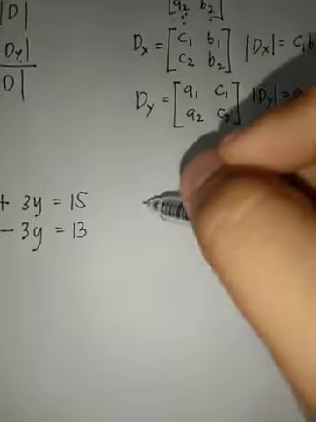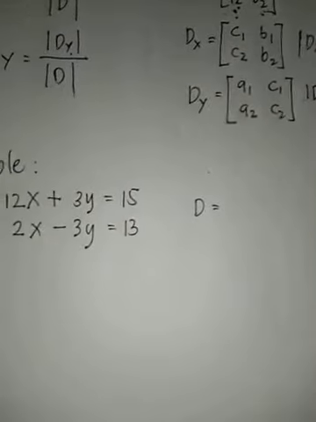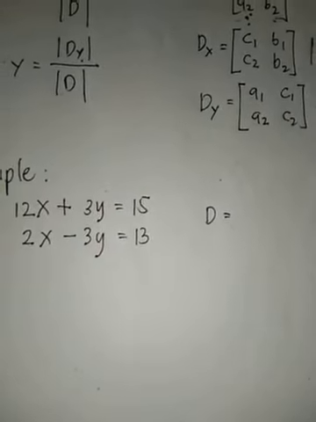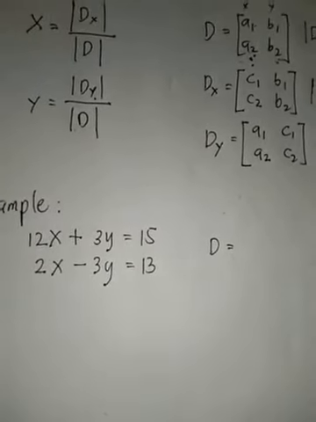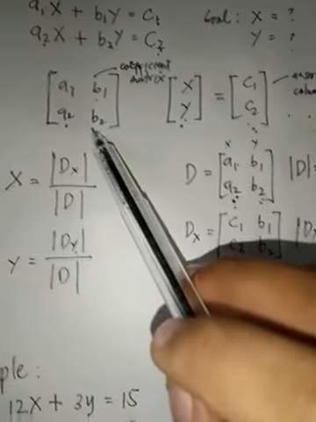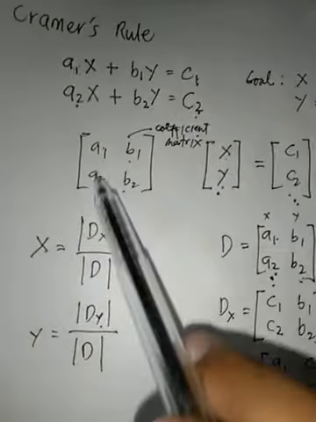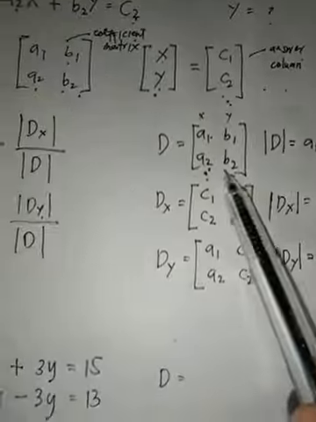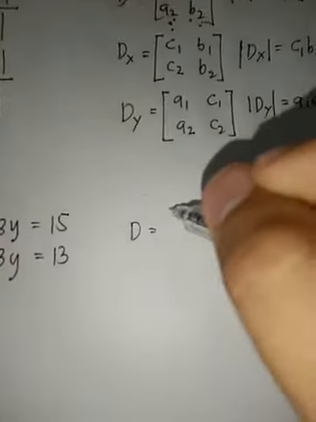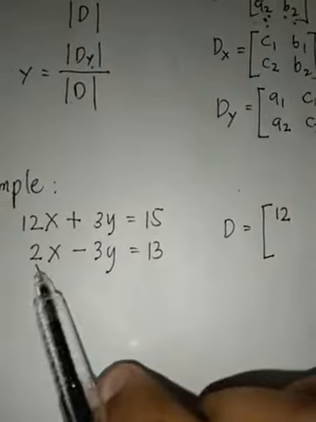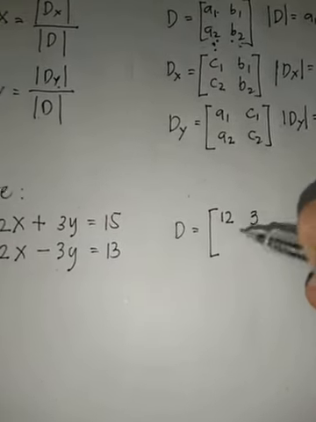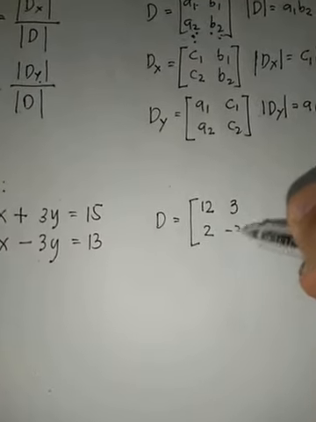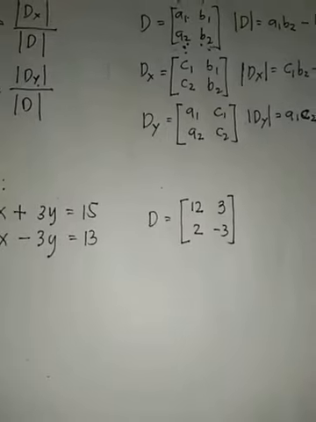So, let's define the following. Ano yung ating D? Di ba, ang D natin is yung A1, A2, B1, B2. Ito yung ating D. So, therefore, we have 12. Kunin mo lang yung kanyang coefficients, no? So, 12, then 3, 2, negative 3.